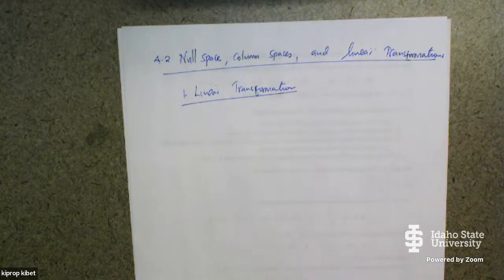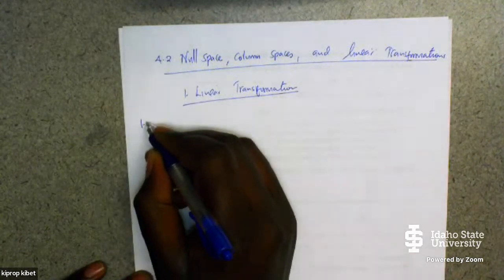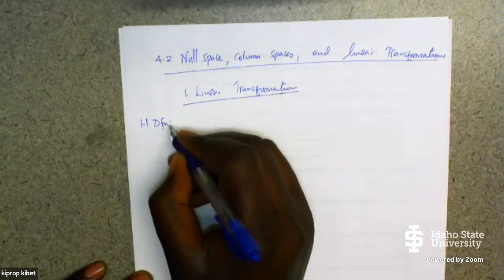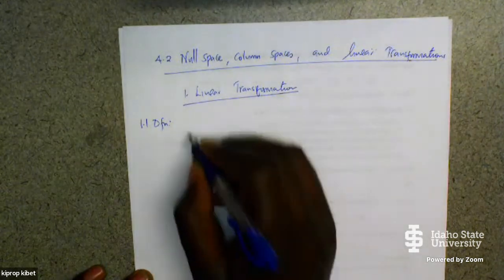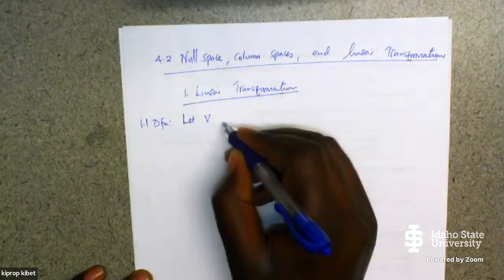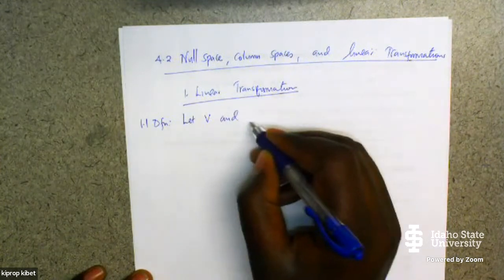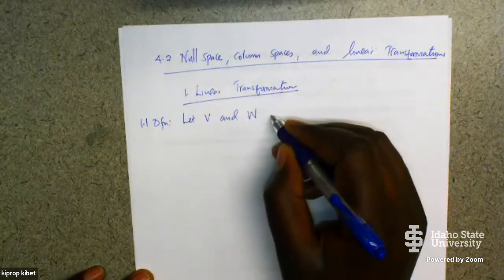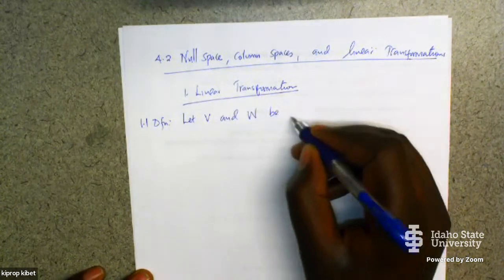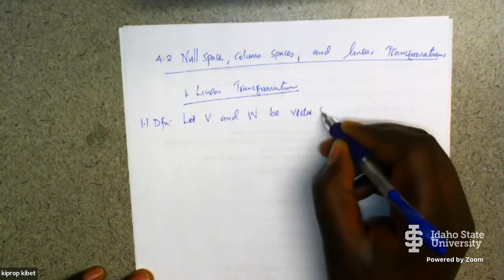So we'll go through the first definition, which we already did previously, but we can still repeat it so that it can stick to your mind very well. Let V and W be two vector spaces.